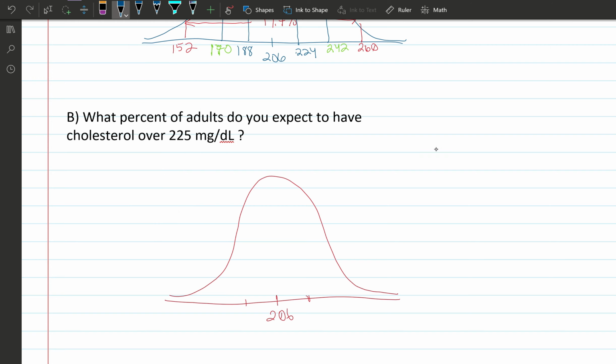So if this was 224, 225 will be right next to it. So we're actually looking for this shaded area, right? We're trying to find that area under the curve. And then that'll help us figure out what percent of adults will have cholesterol over 225.